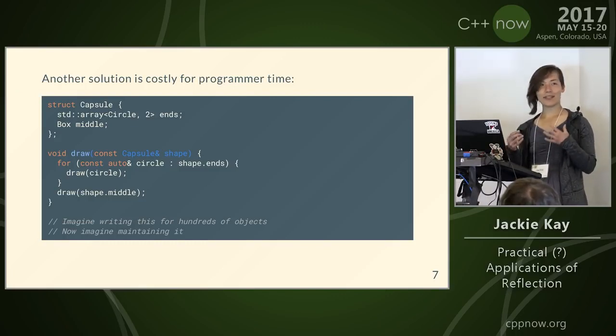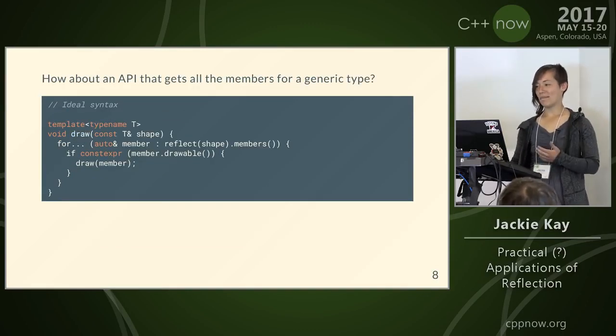But this is extremely tedious to write, recursively invoking this draw function for all of the information. Imagine writing this for hundreds of objects in a huge code base, and then imagine maintaining that. Imagine trying to add a new primitive shape and then backporting old shapes. So it seems like maybe there's a mechanism we're missing.